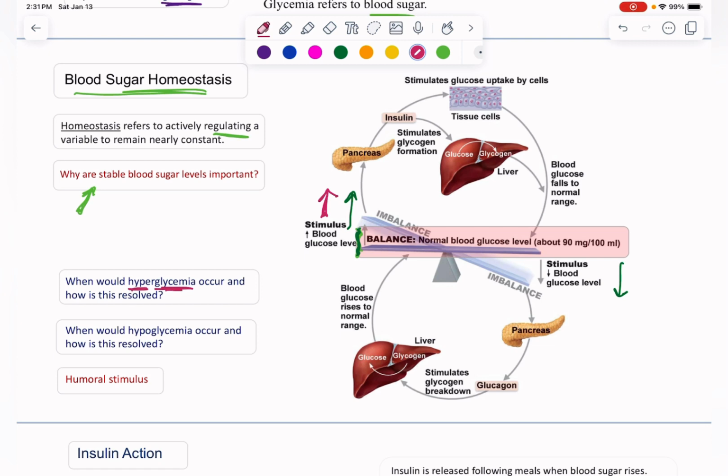Now, when would hyperglycemia occur? After a meal. After you've eaten a meal, nutrients start getting digested and sugar starts moving from the digestive tract into the blood. So blood sugar goes up because you've eaten a meal.